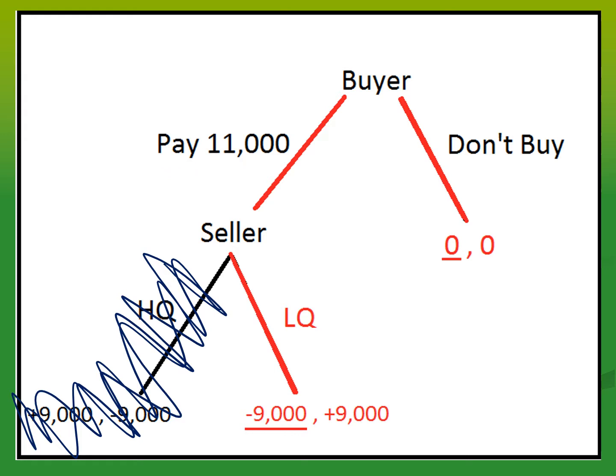But if the buyer says, I'd like to pay $11,000, we know that the seller will sell them a low quality car. So now we move up to stage one and think about how the buyer will act. Will the buyer pay $11,000 for this transaction, or will they just decide to stay out of the market?